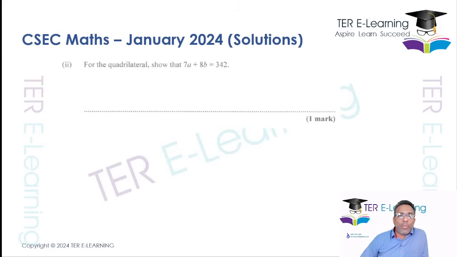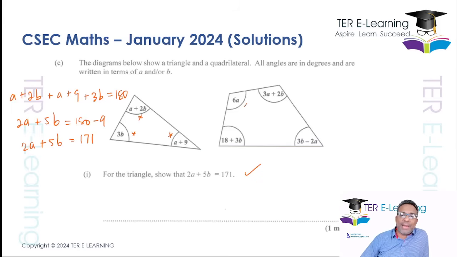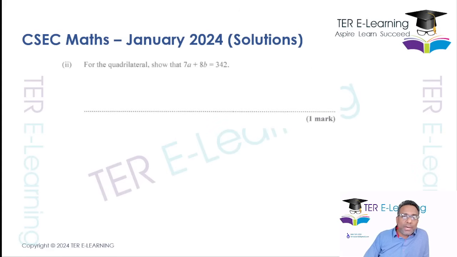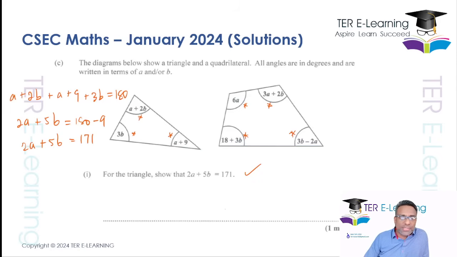And for the quadrilateral, we need to prove this. So in this case here, if I add up the angles in a quadrilateral, I should get 360 degrees. So we're going to add up all of this, and we're going to put that equal to 360. So that's going to be 6A, that's the first angle here. 3A plus 2B.